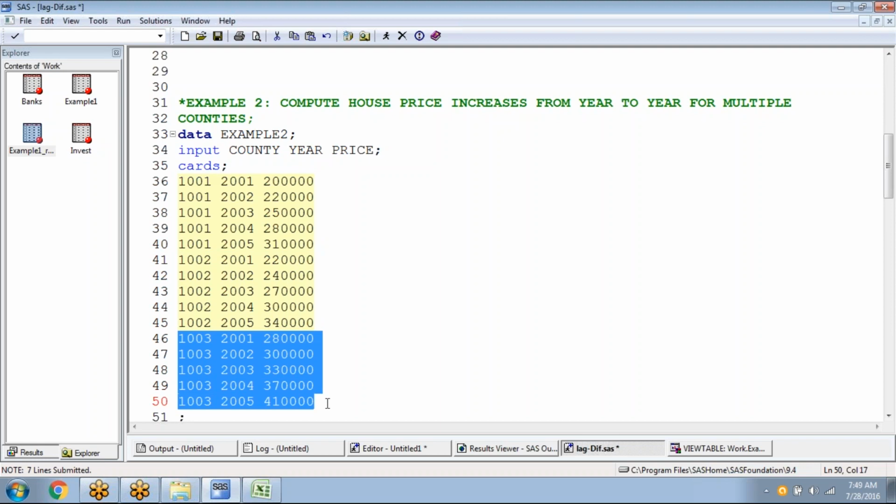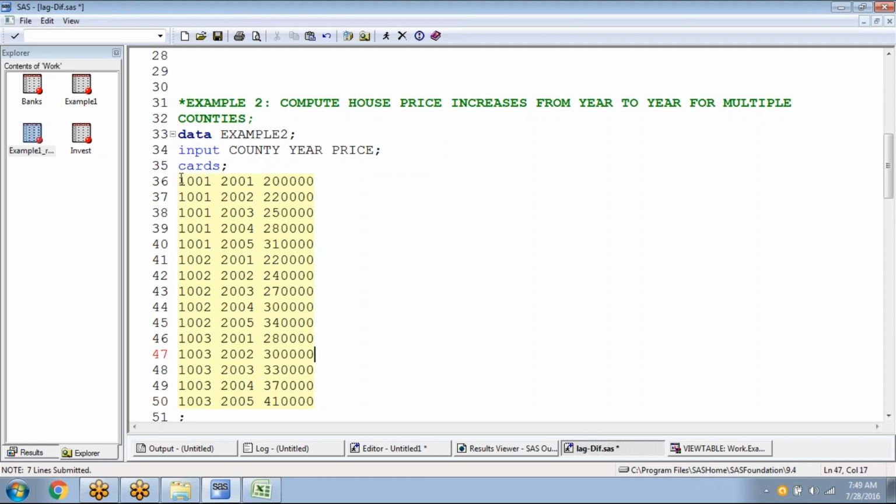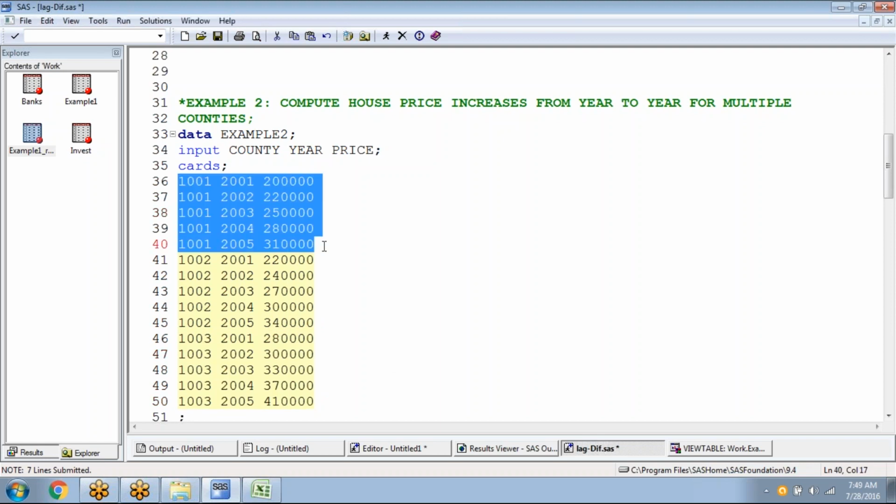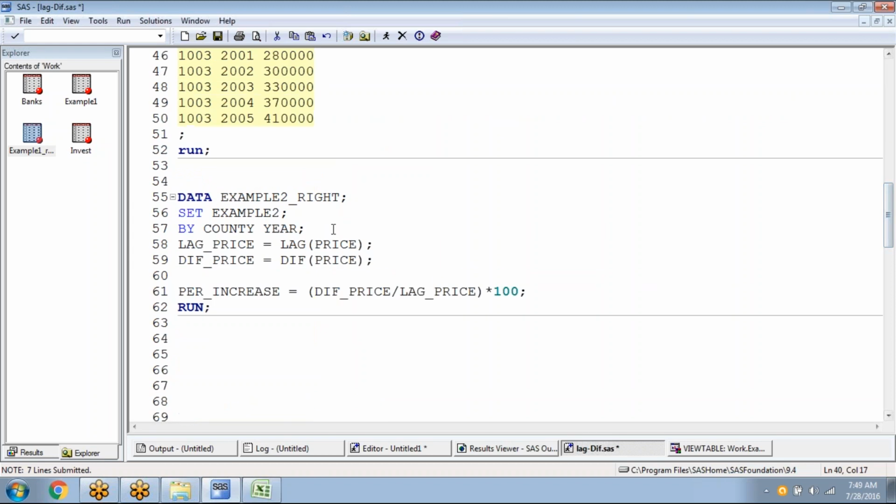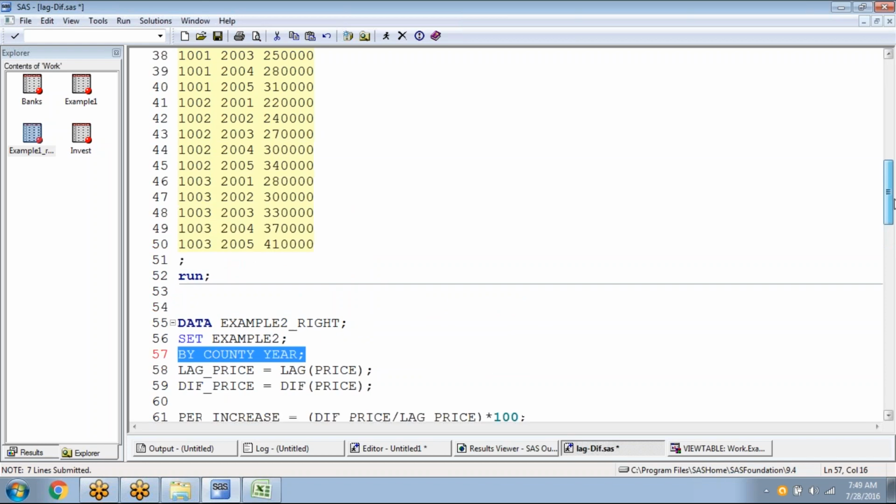If you remember, if you want to do any calculations across each group, what is the prerequisite? You have to use the by statement in the data set. At the same time, if you use the by statement in the data set, we need to make sure the input data set is in sorted order.